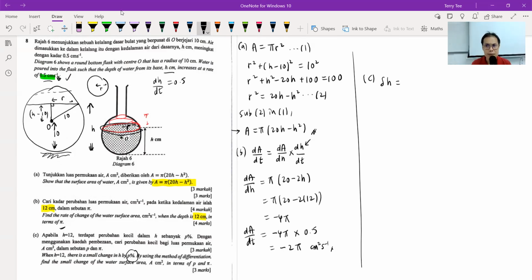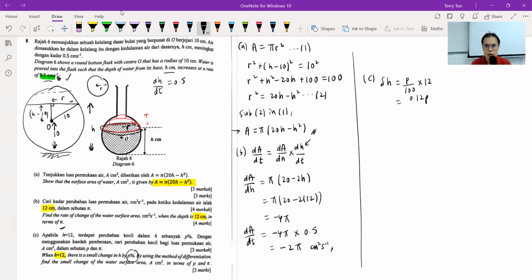So in terms of percentage, we must say p over 100 multiplied with the original height. What's your original height? When your height is 12, it increases a little bit by p%. So you multiply by 12. That will be 0.12p, or you can write in fraction, up to you. Maybe I write 0.12p, it's easier.